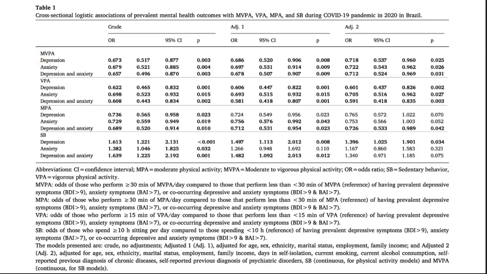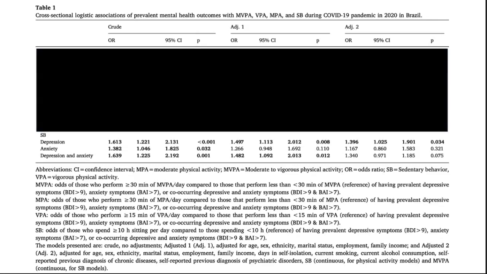Now, I understand that this might not be totally clear at this point, so I'm going to focus in on this last row here, and we're going to focus on this for the discussion assigned this week. So in this last row, we are looking at the outcome of sedentary behavior. That's our outcome variable. And each one of these, depression, anxiety, and depression and anxiety, is a separate independent variable that we're looking at.